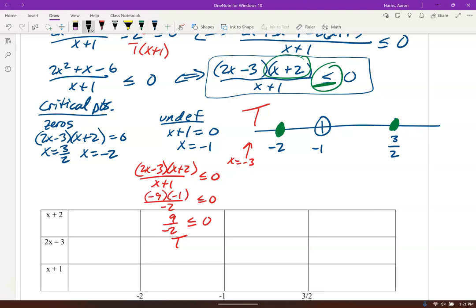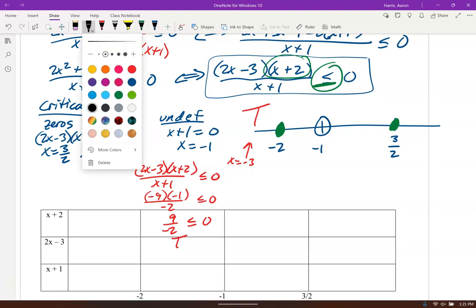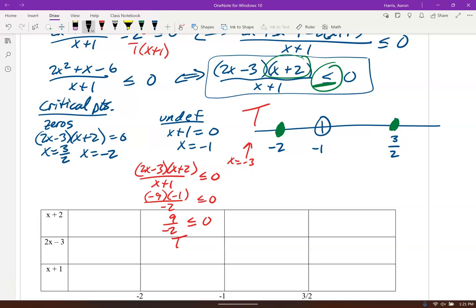Now let's test something between -1 and -2, like -1.5. -1.5, so -3/2. So I have 2 times -3/2 minus 3, times -3/2 plus 2, all over -3/2 plus 1. Well, 2 times -3/2 is -6 over 2. That's -3 minus 3.